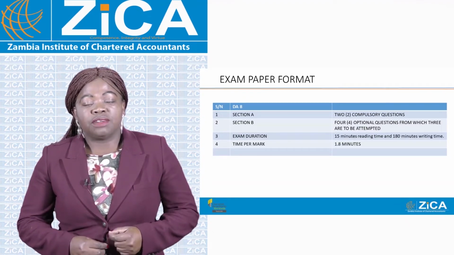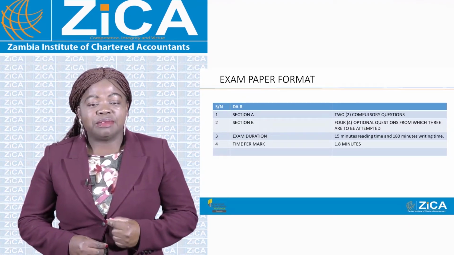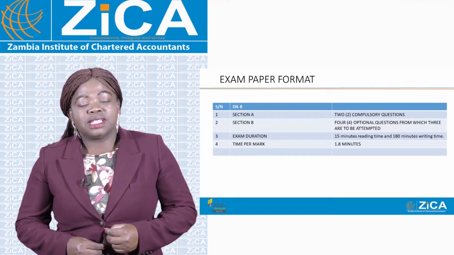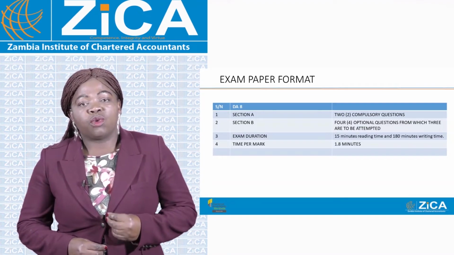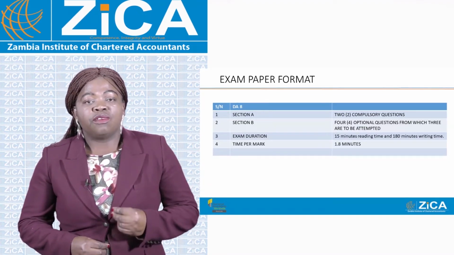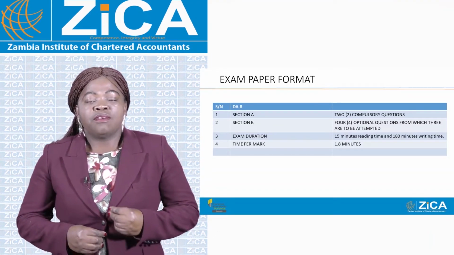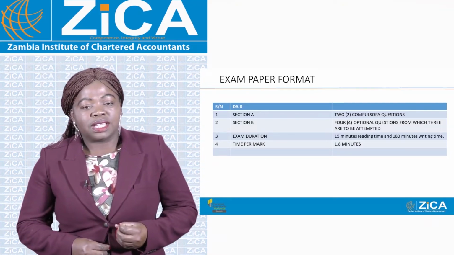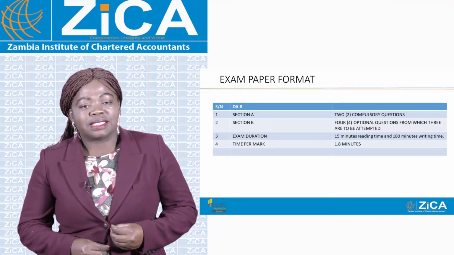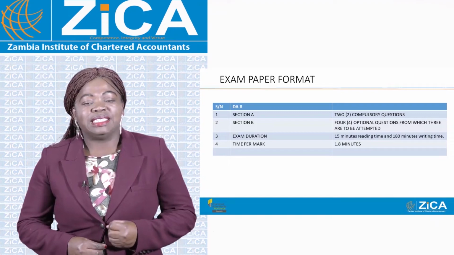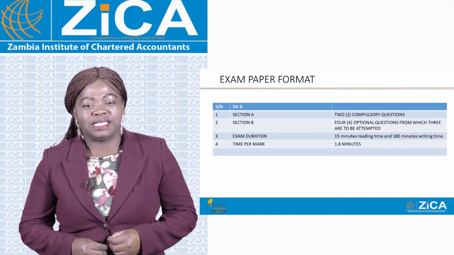The exam duration for this paper is 180 minutes. This means that you need to spend not more than 1.8 minutes for every 1 mark from each question. For example, if you are attempting a question that has 10 marks, you cannot spend more than 18 minutes on that particular question.